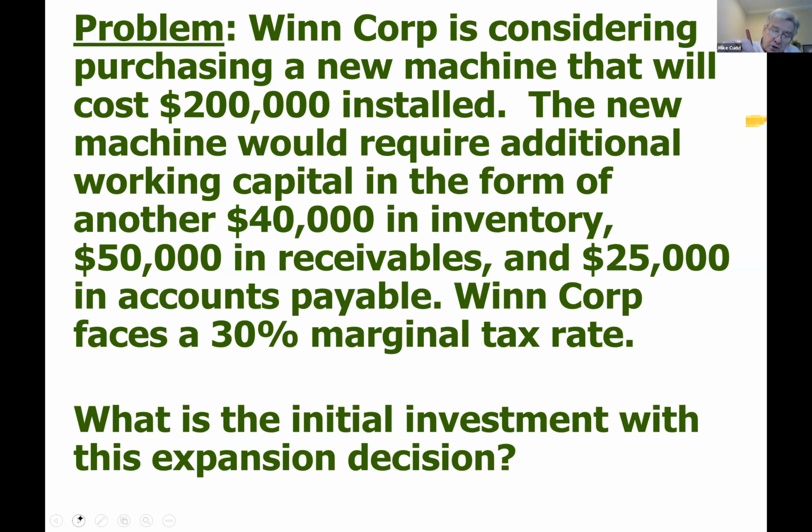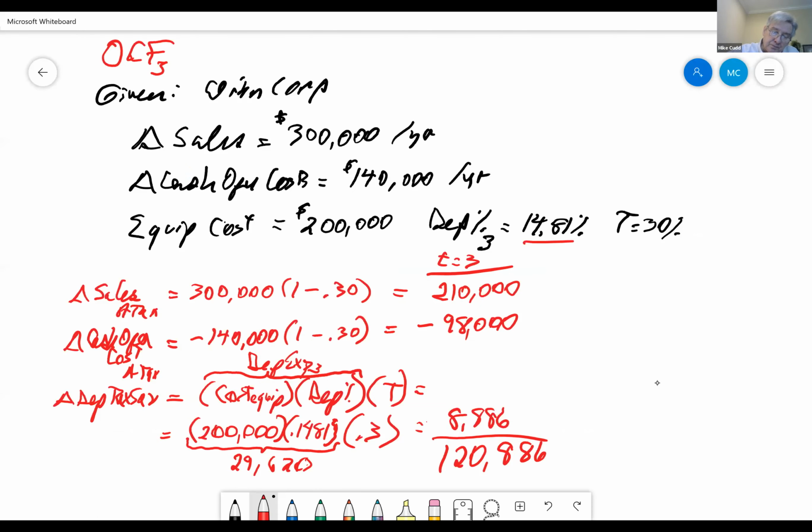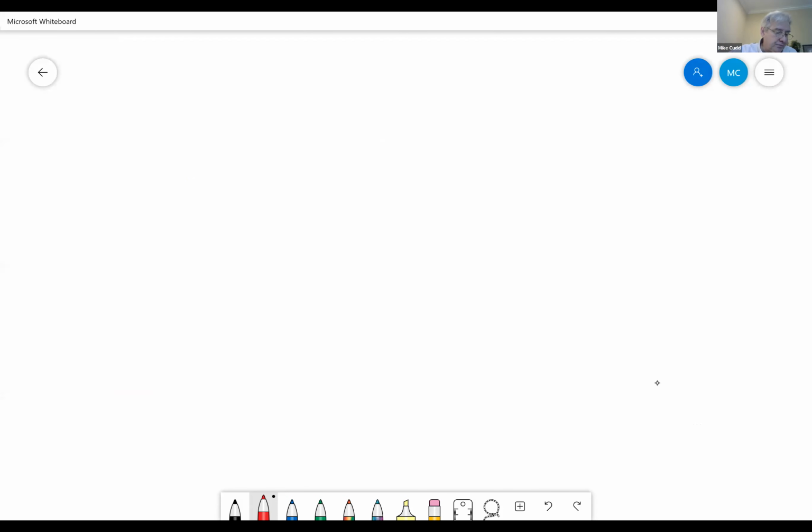So if we look at this problem, here's a blank one. What are we given? The cost of the equipment is 200,000 installed.